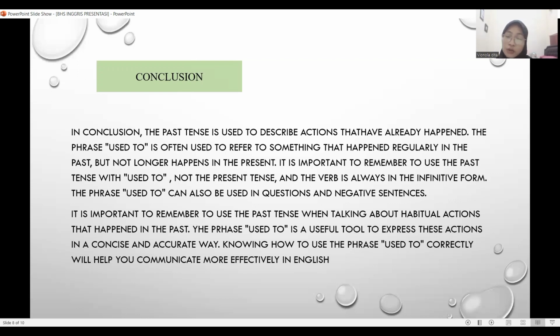It is important to remember to use the past tense when talking about habitual actions that happened in the past. Used to is a useful term to express these actions in a concise and accurate way. Knowing how to use used to correctly will help you communicate more effectively in English.